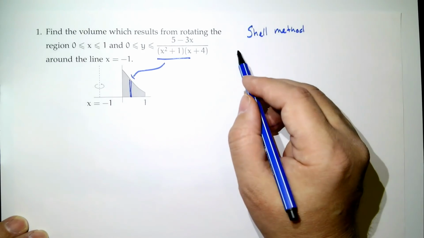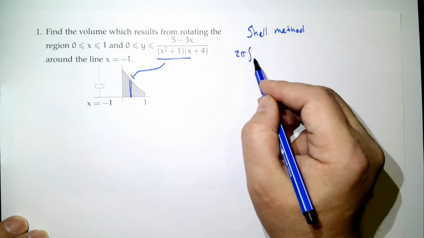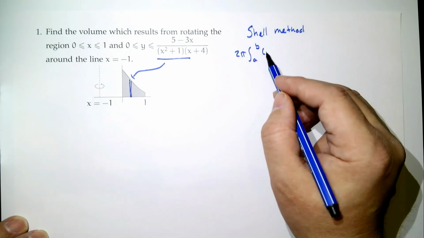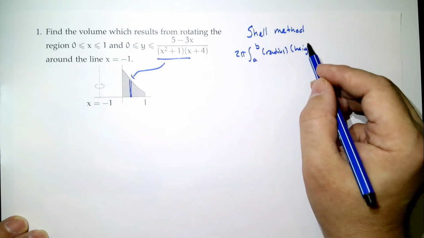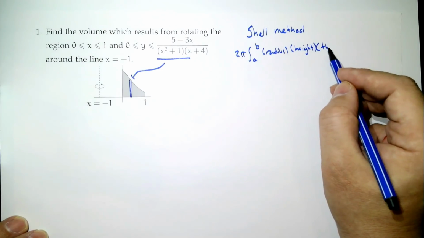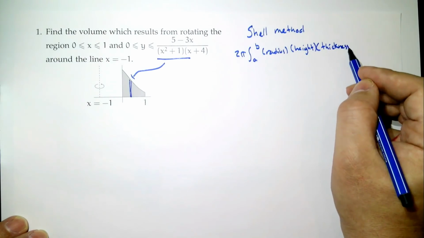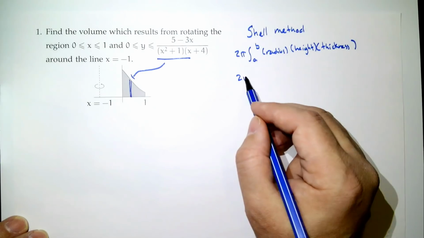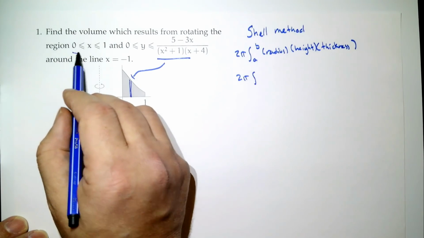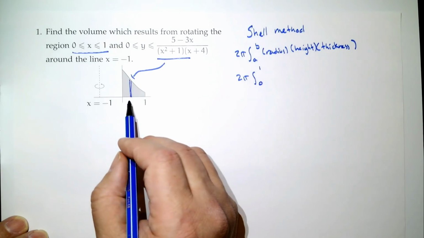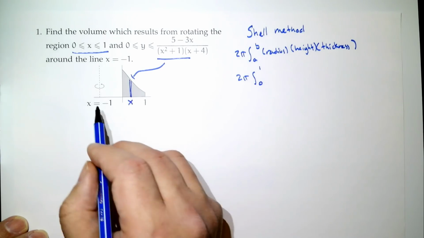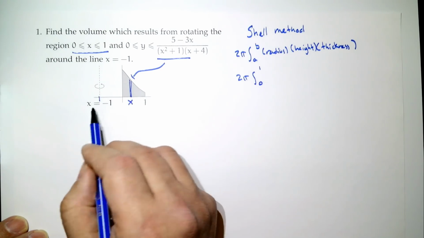So with the shell method, we're going to have 2π times the integral from a to b of radius, height, and thickness. Those are the parts that go into computing a shell. Now that's 2π from a to b, 0 to 1. Radius is how far I am from an arbitrary x to the line x = −1.